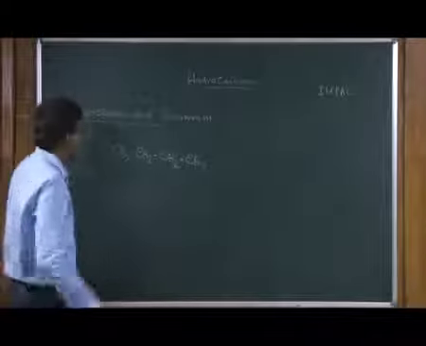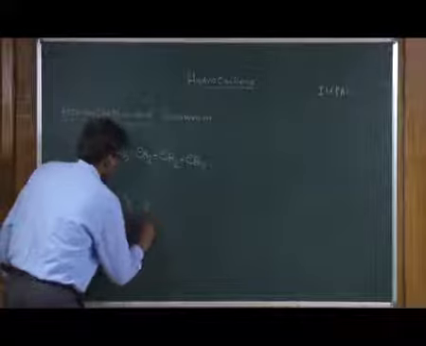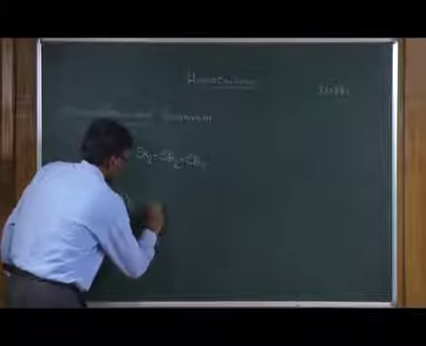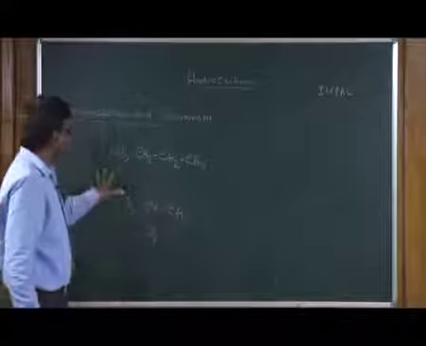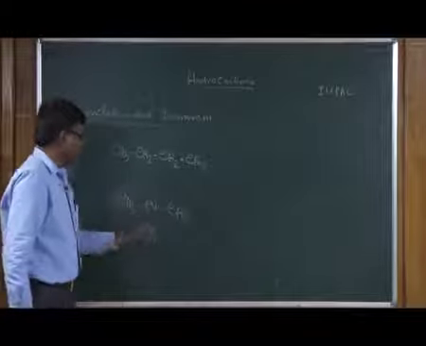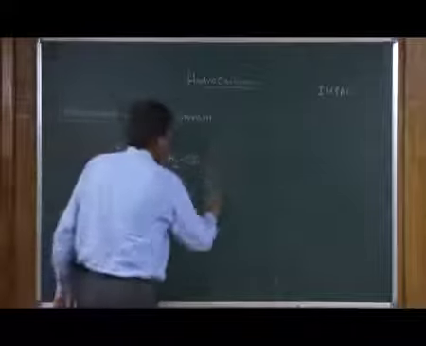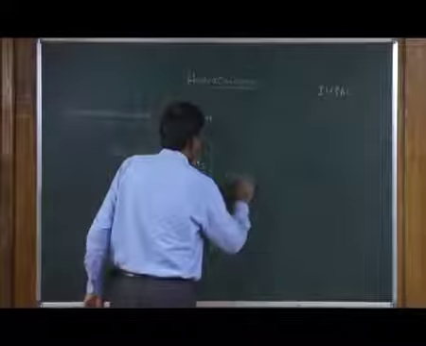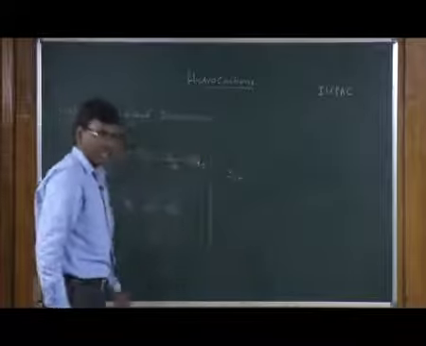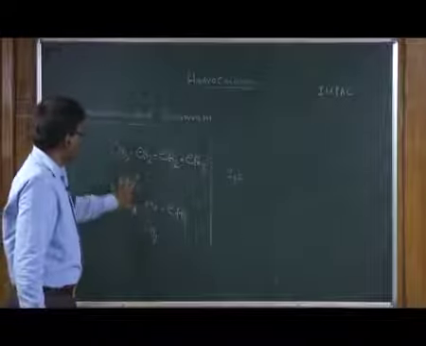So, butane can have two structures: butane and 2-methylpropane. They have the same molecular formula, C4H10, but different structures, so they have different properties.